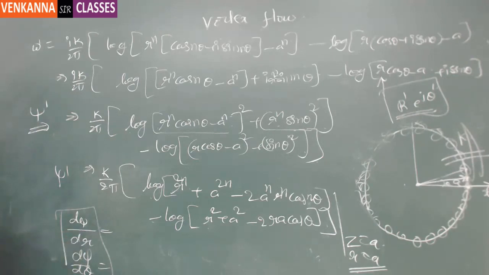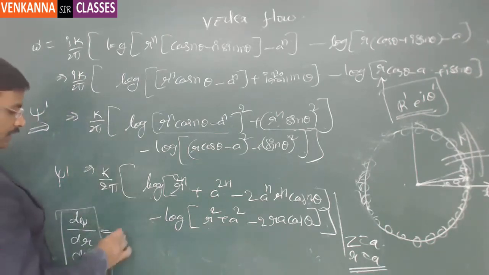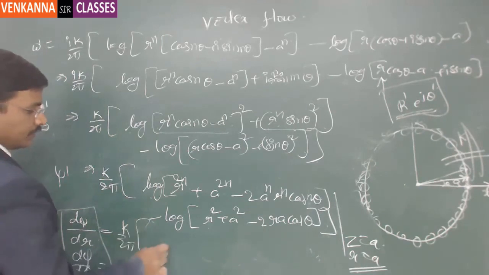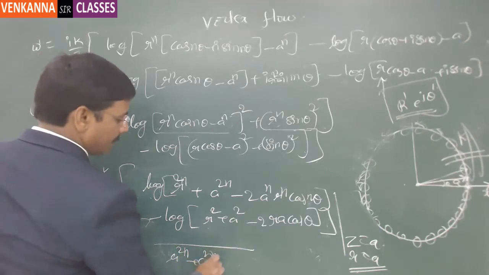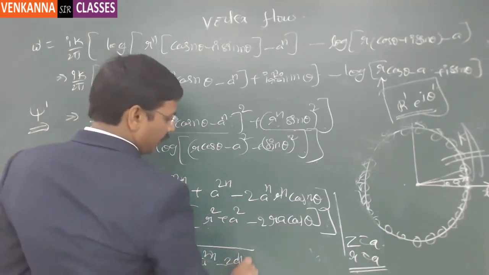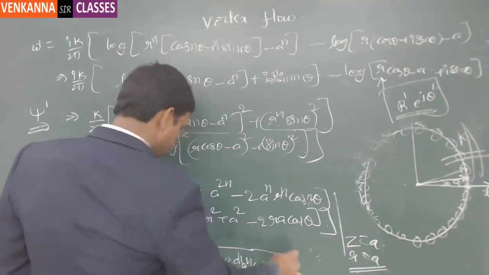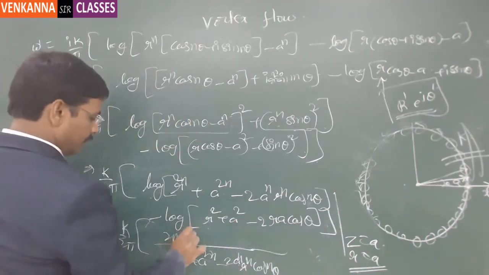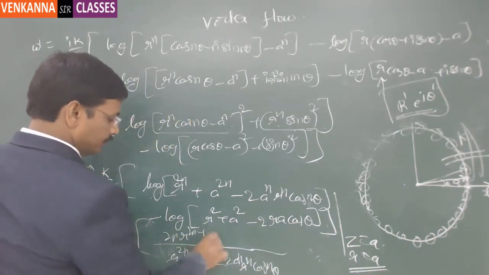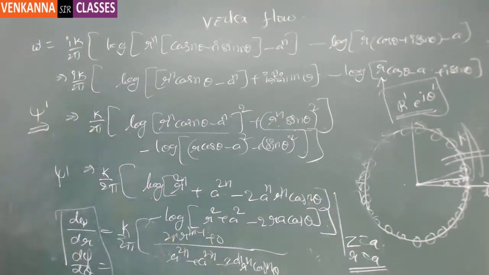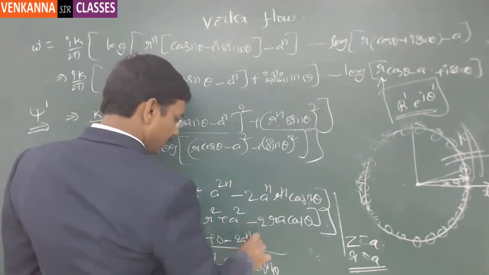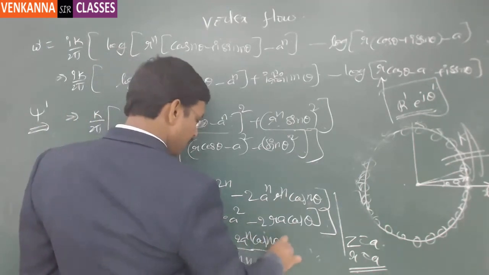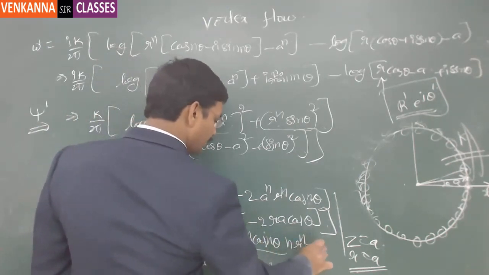Now the dou psi by dou r value, if you take it at r is equal to a: k by 2 pi times of 1 by this entire thing, that is r power 2n plus a power 2n minus 2a power n r power n cos n theta. The derivative of this will be 2n r power 2n minus 1 plus 0, plus 0, so minus 2a power n cos n theta, and the derivative of r power n will be n into r power n minus 1.